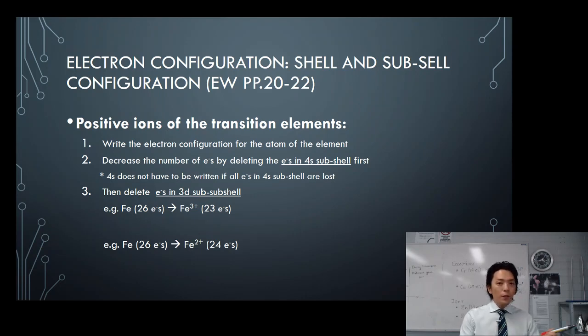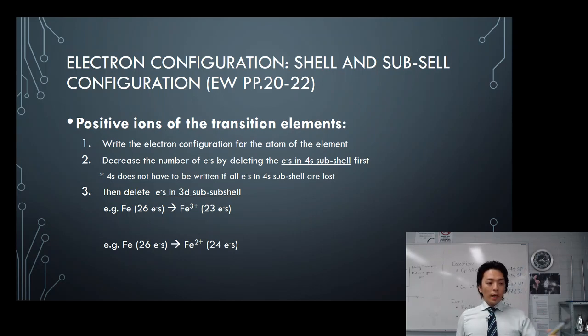Then, if you manage to take both electrons from the 4s subshell, you get rid of the 4s subshell altogether. Then you move on to 3d and start taking electrons out. Okay, so that's going to be the order. 4s first. If both electrons are gone, get rid of 4s, then take electrons from 3d.